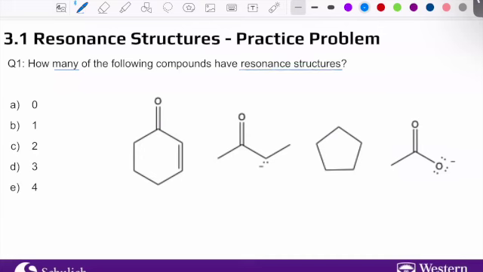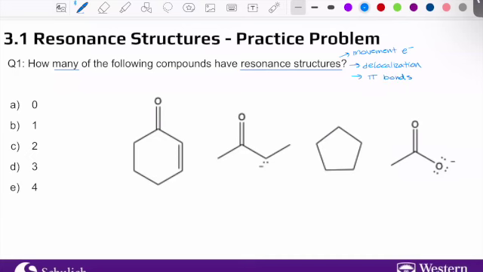So off the start, we know that resonance structures, the approach that I would take is we know that it's the movement of electrons, and we know it depends on delocalization, and that's just really another word of movement of electrons, and also involves pi bonds.